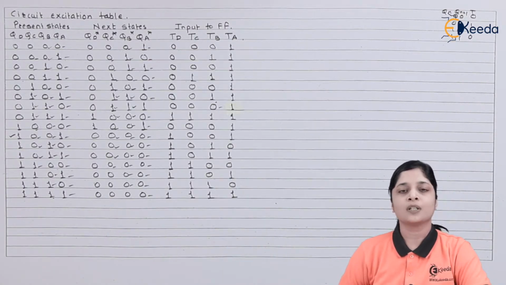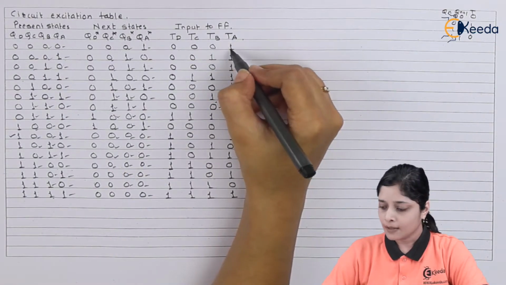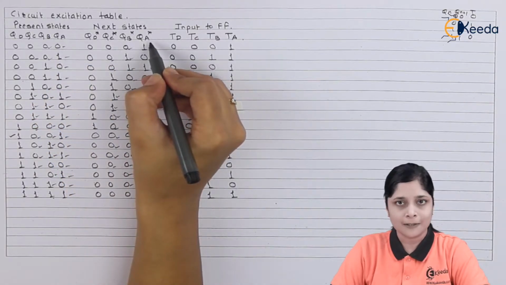So now we will focus on the TA. For TA you have to focus on QA and QA star.